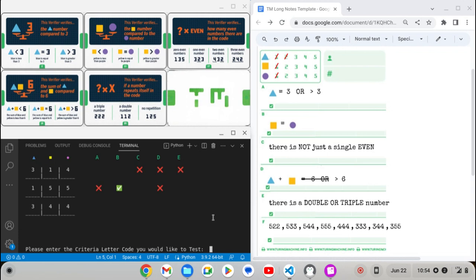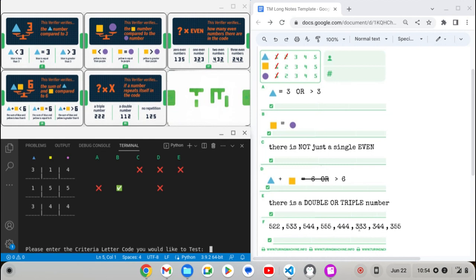Let me test again. How many double evens are there? 1, 2, 3. There are 3 double evens, but only one that starts with a 3.